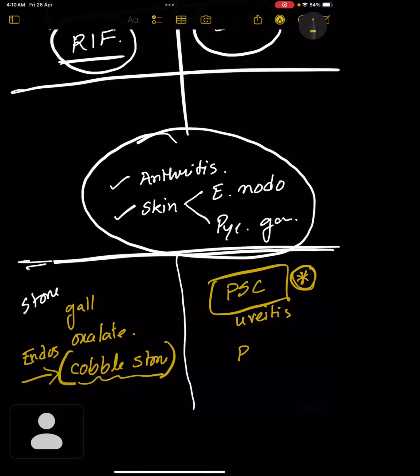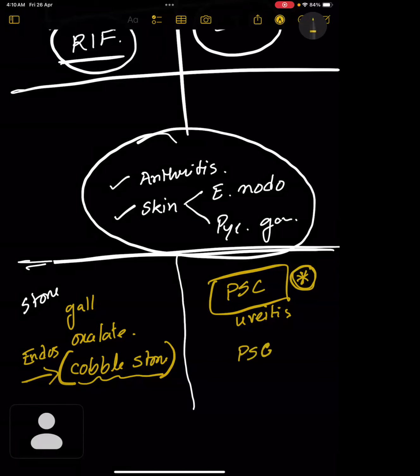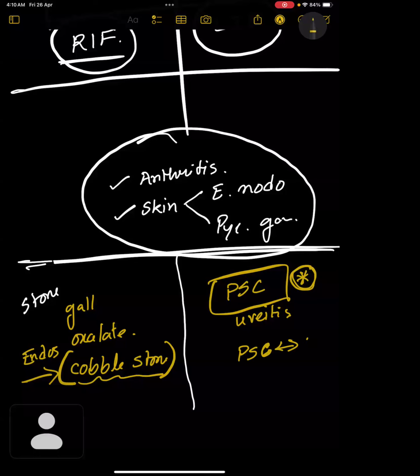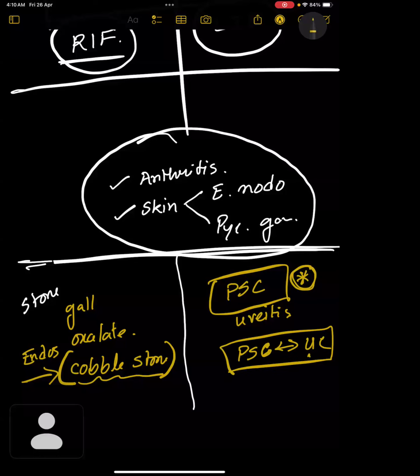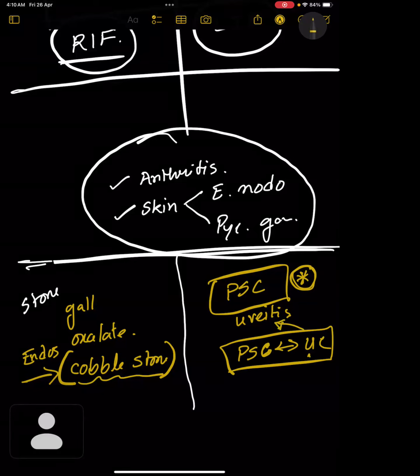So PSC is very much related with your ulcerative colitis. And U for uveitis, if you can remember, that is better. There was no question, I just want to mention it, because nowadays they are giving a little bit uncommon questions and associations.